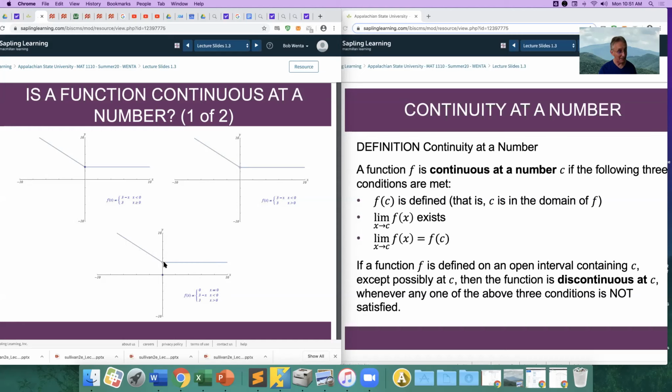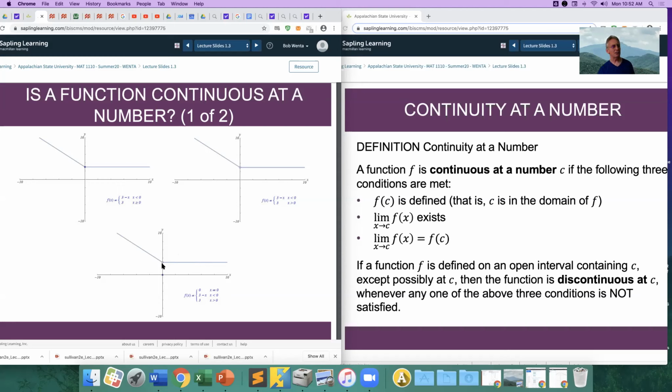That means the limit does exist, so the second criterion is also met. Notice the third one: the limit has to equal f of c. That criterion is not being met, and as a result this function is discontinuous at x equals 0. You have to lift your pencil again.